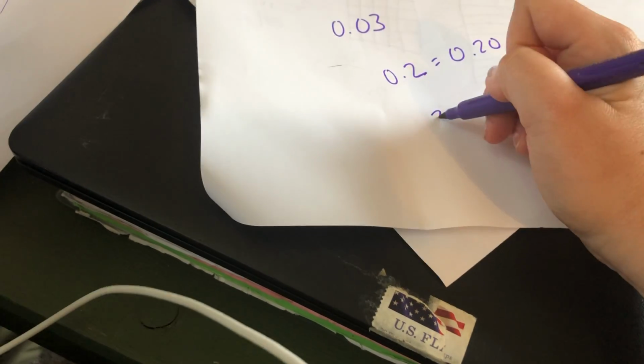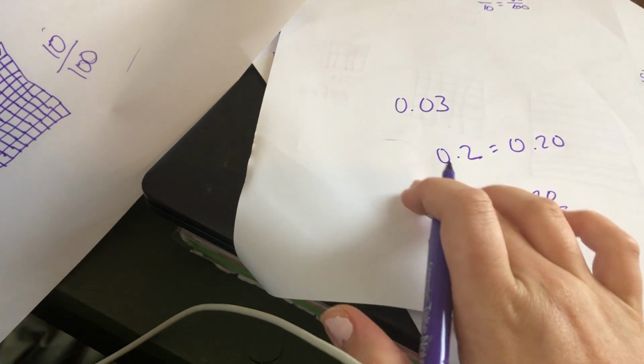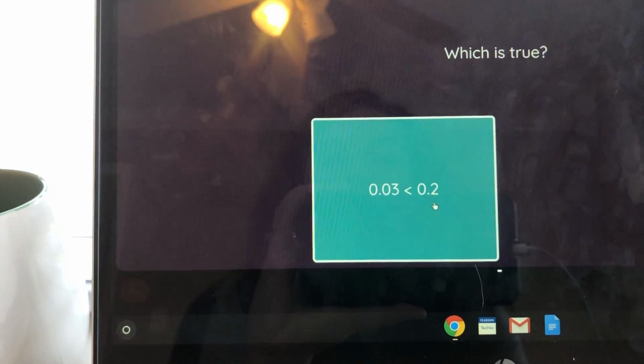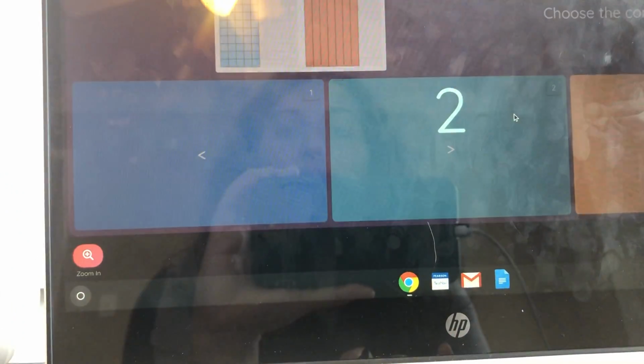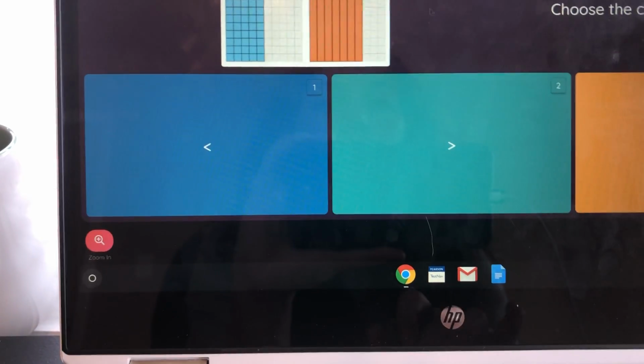So if we have 3/100ths and 20/100ths, which one's bigger? The 20/100ths. So 20/100ths is the same thing as 0.2. So 0.2 is bigger. Got it. Okay, and so you're going to keep going like this.